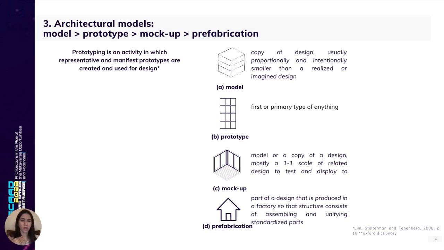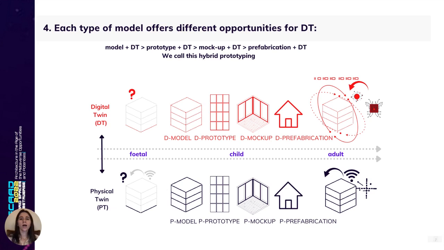It also consists of assembling and unifying standardized parts of the design. Each type of model offers different opportunities for digital twin: model with digital twin, prototype plus digital twin, mock-up with digital twin, or prefabrication plus digital twin. We call this hybrid prototyping.